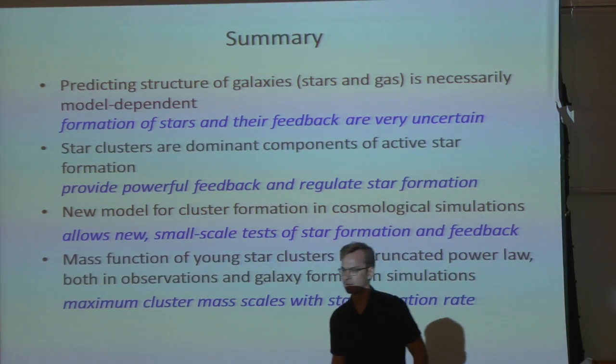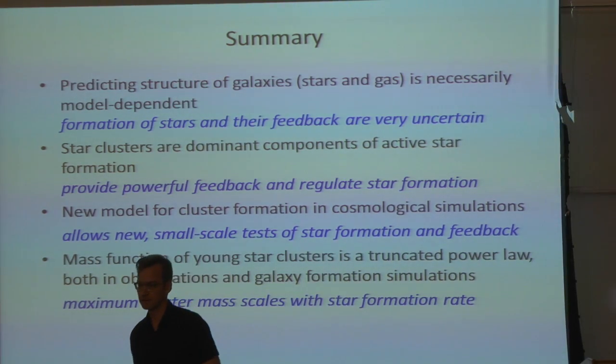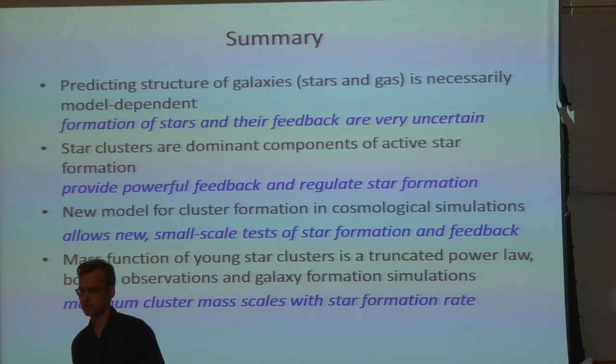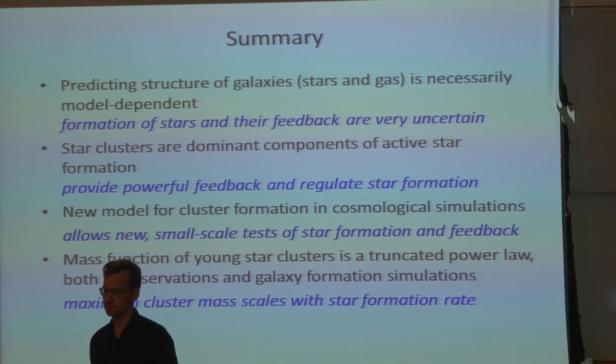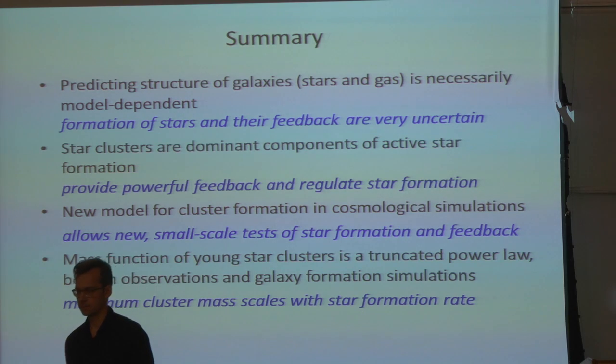I have a question regarding the stellar-halo mass relationship. You showed one plot with the EAGLE and Illustris simulations and the stellar-halo mass relationship, and you mentioned a few times how your simulations will reproduce those same plots. But how reliable is that relationship?